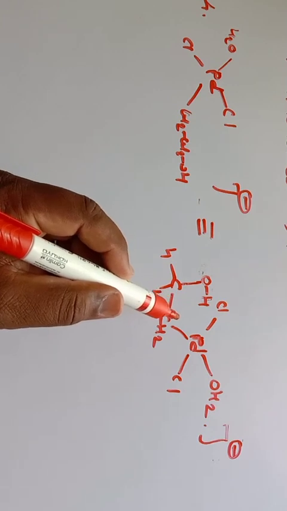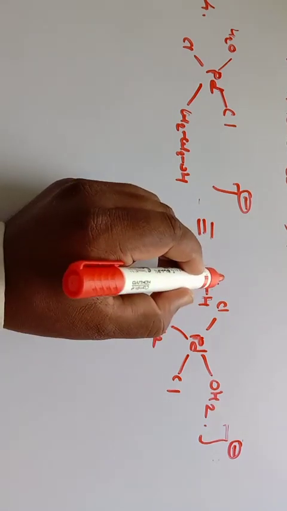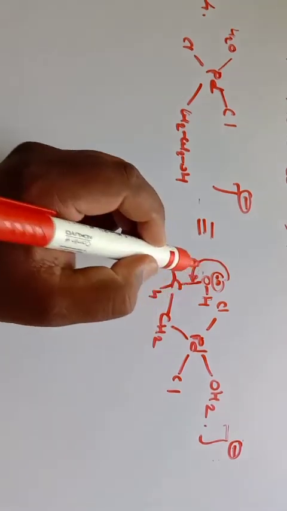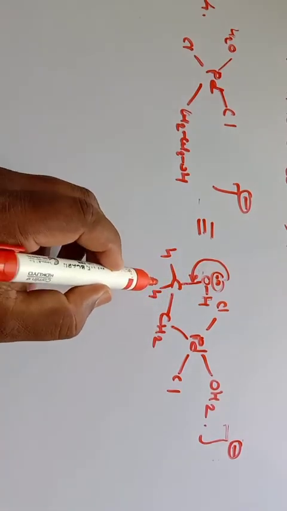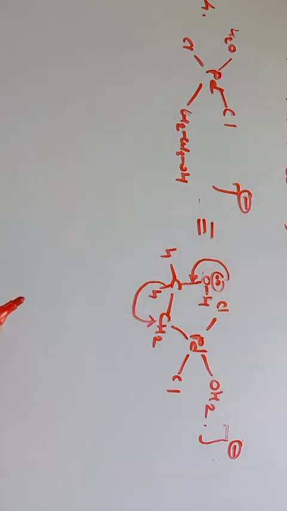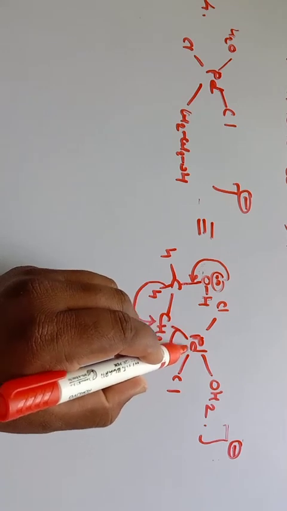So what happened in this case? The lone pair of this oxygen will attack one of the hydrogens, it shifts as a hydride, and the bond breaks.